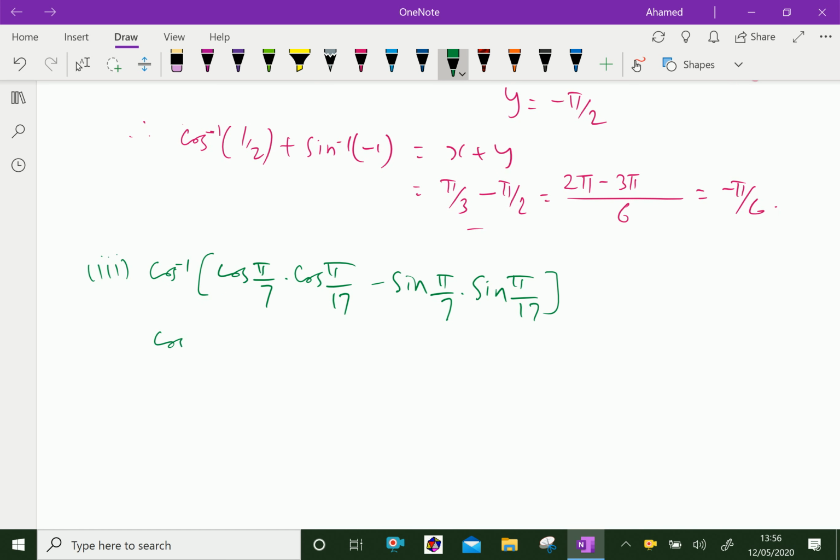Here the formula is cos A cos B minus sin A sin B. Let us write first the identity.